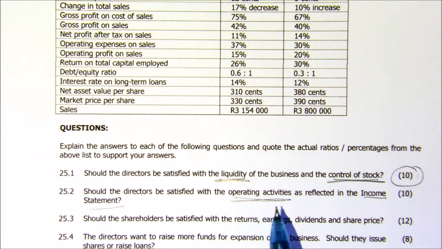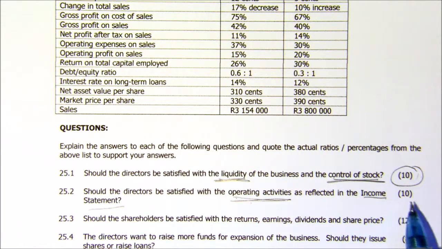That is the normal day-to-day business. It's buying your goods, selling your goods, paying your expenses, paying your tax, and so on. So we are looking at anything to do with profits and how well we are controlling our expenses, our incomes, and are we making a good profit?